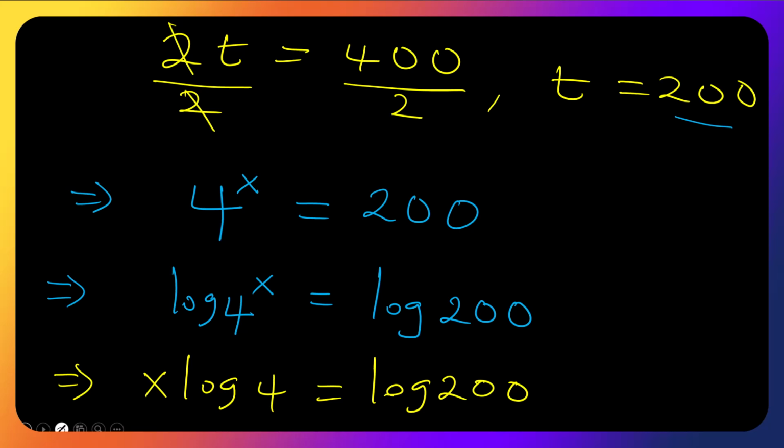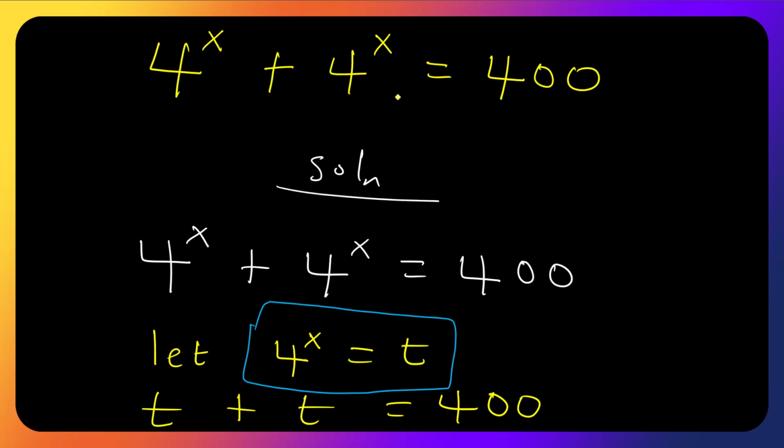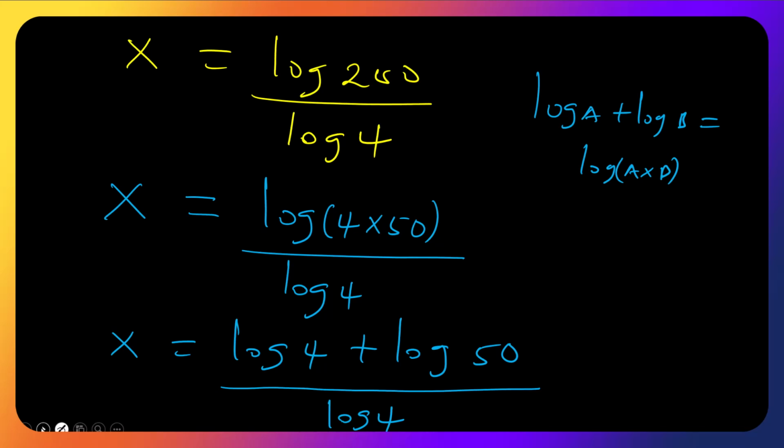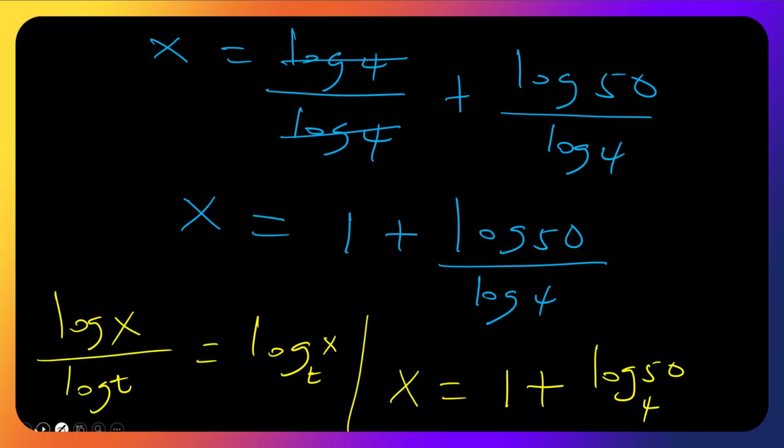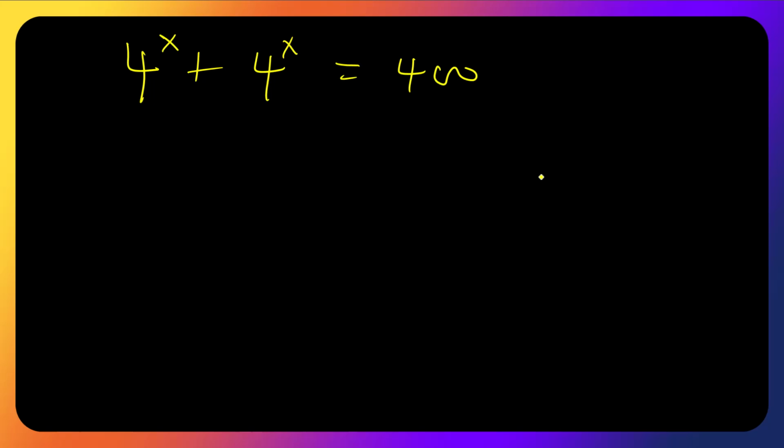Okay, so we have 4 to the power x plus 4 to the power x equals 400. Let's verify that x equals 1 plus log 50 base 4.